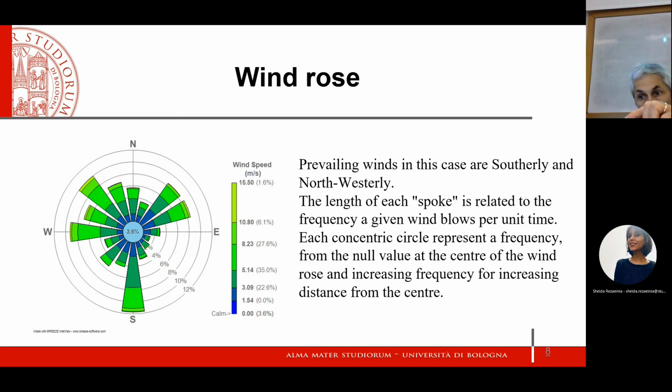And then you have the gray one. The gray one goes up to about 12%. Let me see the color. It is difficult to distinguish between two greens. Anyway, there is a first green which goes up to 11.5, I would say, which is from 5 meters per second to 8.23, and then another green.